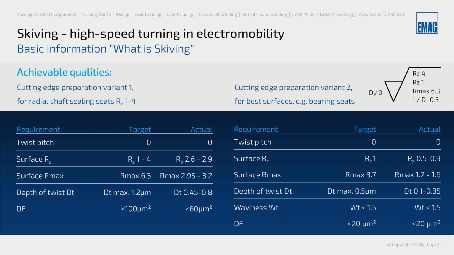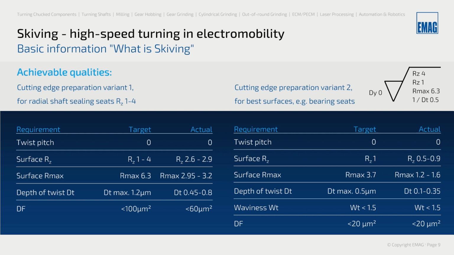And we copy the surface completely from the cutting insert to the workpiece. The feed rate from skiving has nearly no influence on the surface quality. We only copy the surface from the insert onto the workpiece. And it means if we grind the cutting insert normally, then the RZ is better than 1.